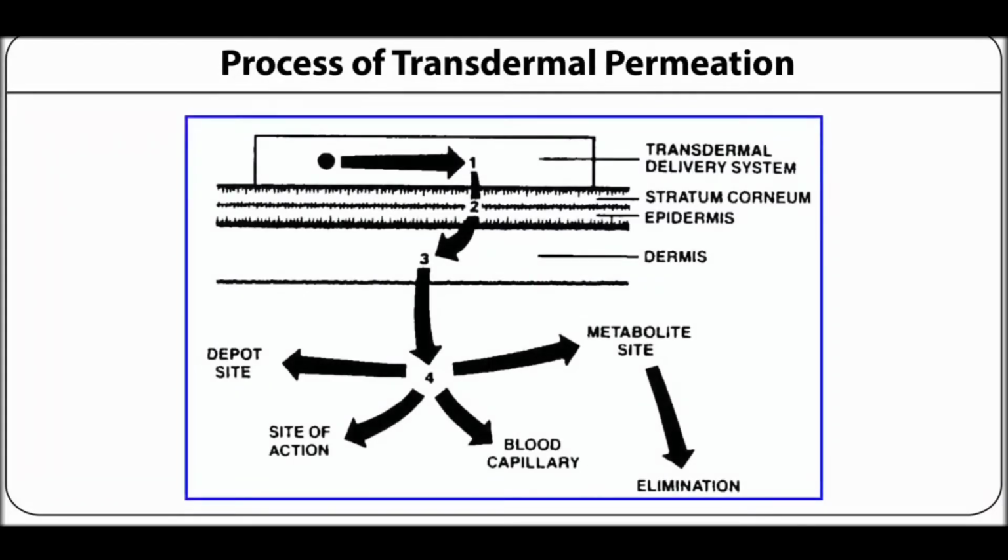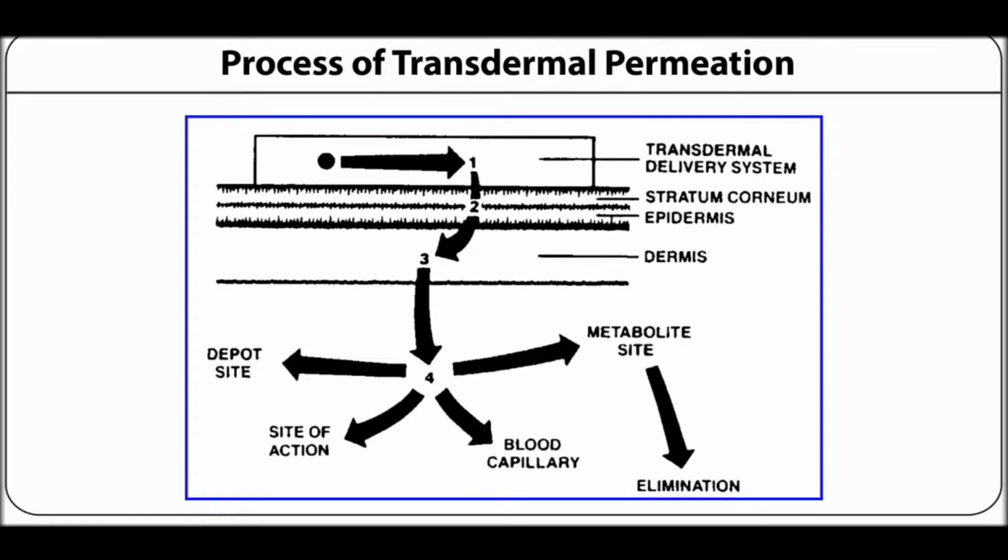In continuation of what we have just understood, let us try to predict how a transdermal patch, which is the commonest type of the transdermal drug delivery system, will probably go through the process of transdermal permeation.